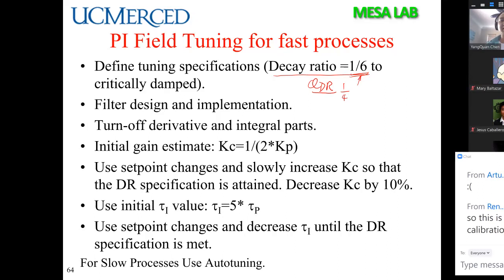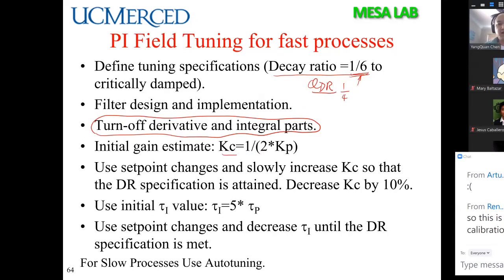So for filter design and implementation, turn off the derivative and integral parts. This is true: you always start with proportional control to see what's going on. Then you know that the initial gain estimate is the Kc, your critical gain.